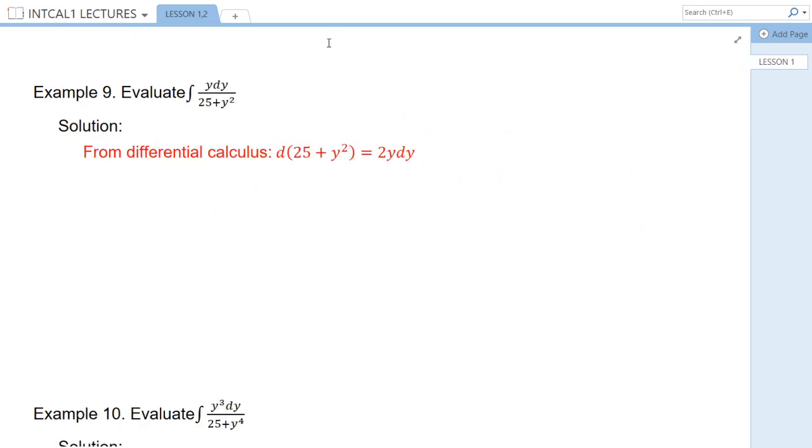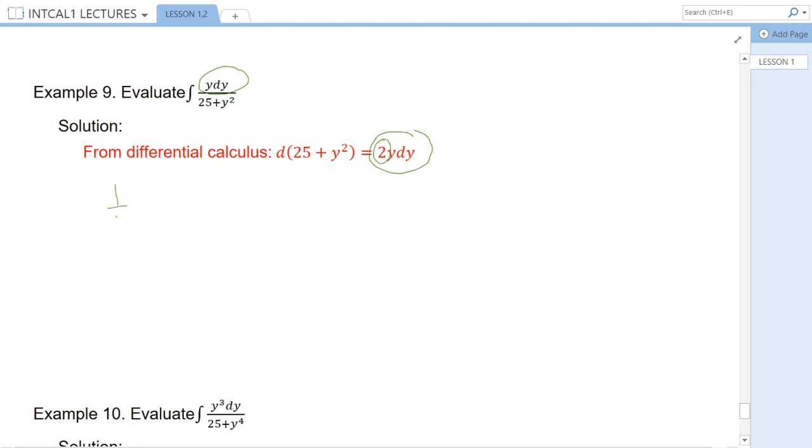Continuing, let us have example number 9. Evaluate the integral of y dy over 25 plus y squared. So solution for that, the derivative of the denominator 25 plus y squared is 2y dy, so our numerator there doesn't satisfy the derivative. So let us manipulate it by dividing by 2 and multiplying by 2 again.